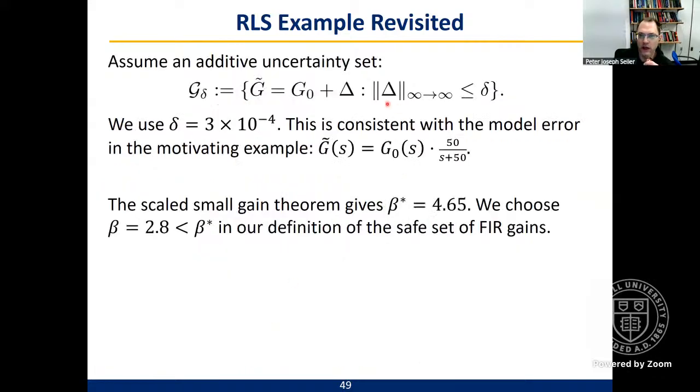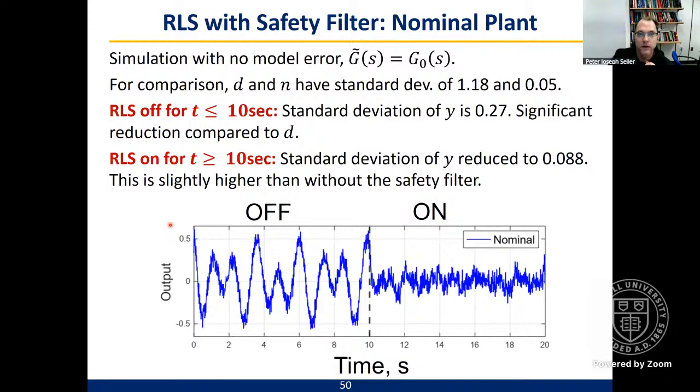We put a very small amount of uncertainty in this perturbation to the plant model. This level is consistent with the deviation I had in the earlier example. We apply this scaled small gain condition, and it says we should restrict the FIR gains to be in a set defined by this constant. We chose something slightly smaller. Anything less than that is actually fine.